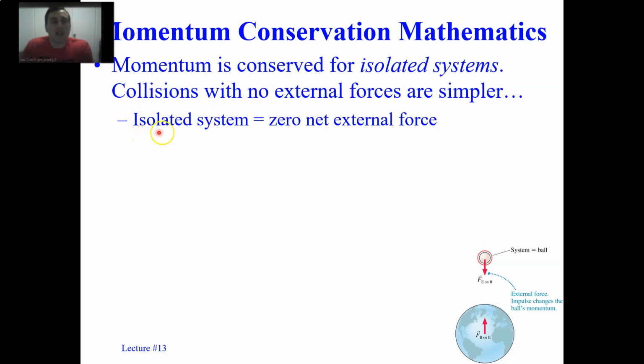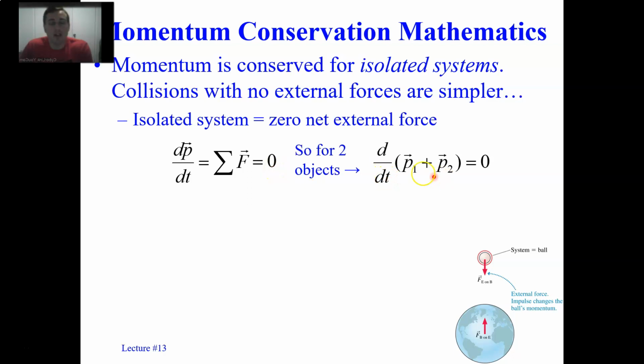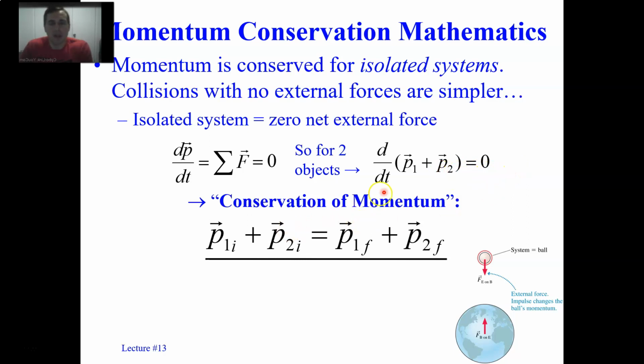That's an example. And then notice that an isolated system has 0 net external force. So if dp dt is the sum of the forces, and that's 0 for two objects, then the time derivative of the vector momenta summed together is 0. Okay? So notice, again, you integrate that with respect to time. You have this notion of initial and final, an earlier time and a later time, the momentum stays constant.